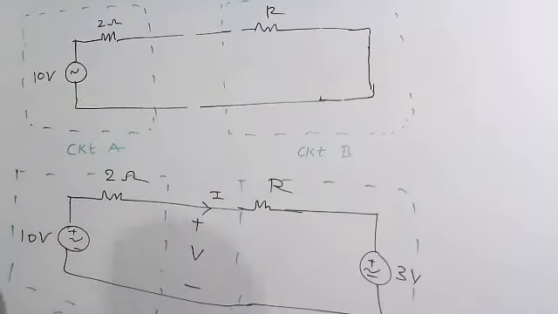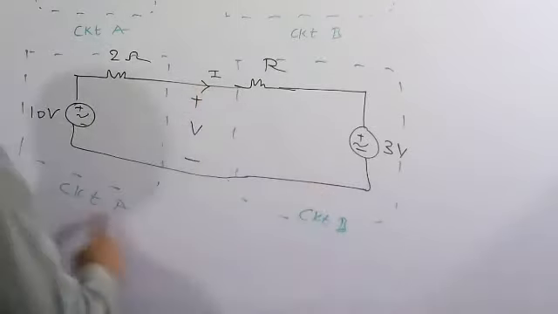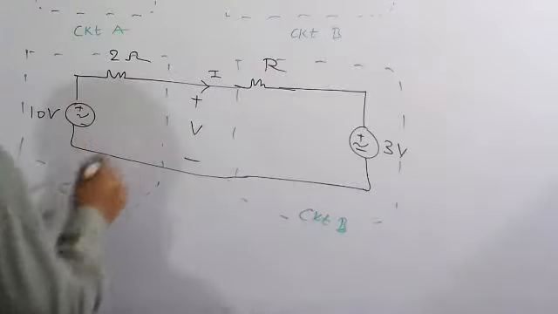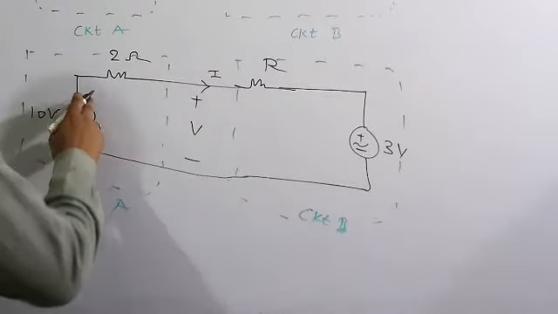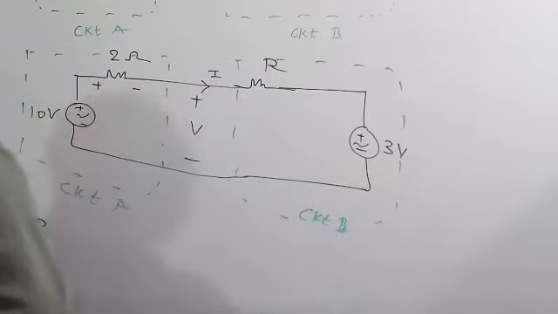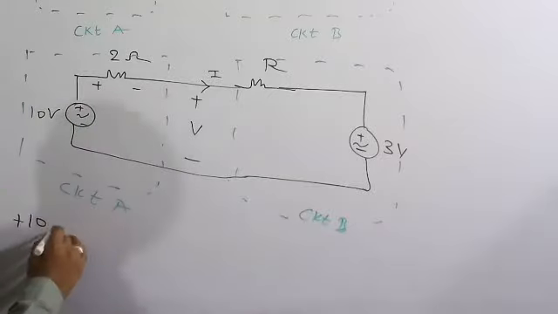This is a series circuit, so the same current I is flowing through the whole circuit. I am going to write a KVL in this loop. Going from minus to plus, there is a rise in potential, plus 10. Then going from plus to minus, current always goes from positive to negative, so there is a drop in potential, minus 2I.